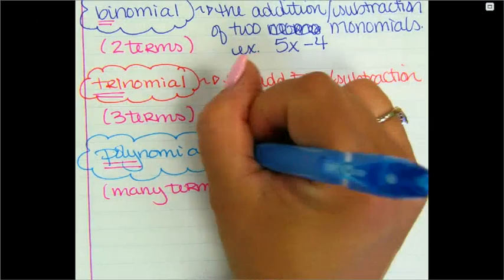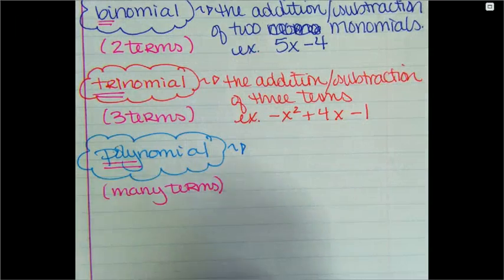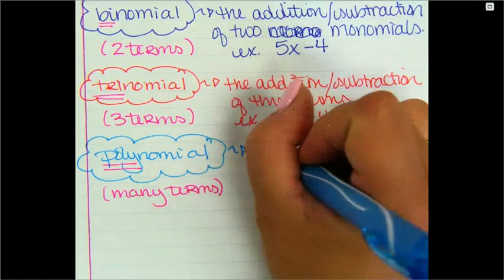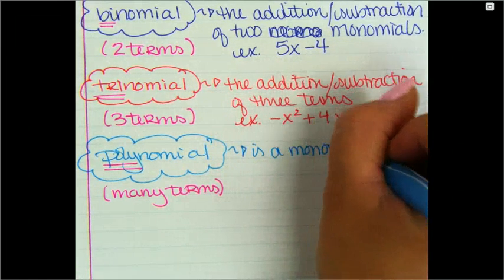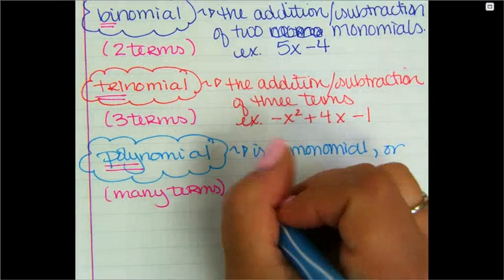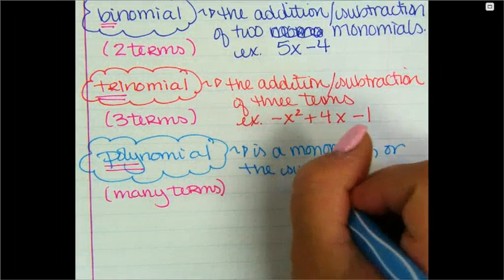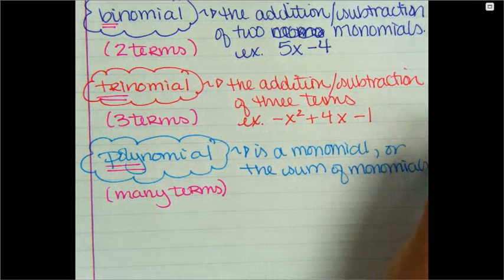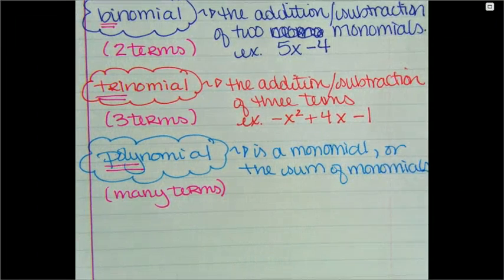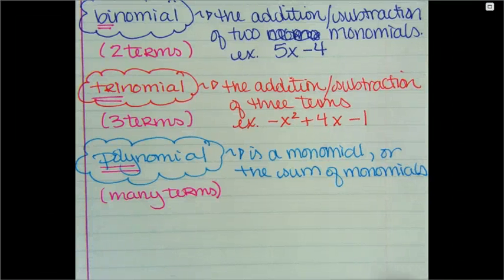Now, a polynomial is a monomial or the sum of monomials. So, what do I mean by that? What I mean is this.